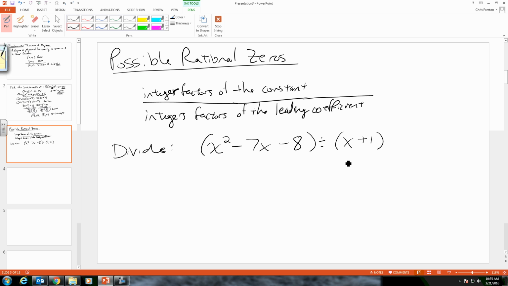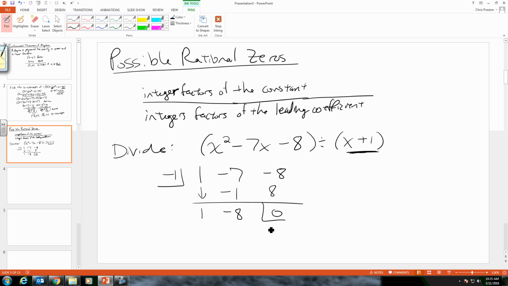One way we can divide that is we can use synthetic division. You ask yourself, what is the 0 of your divisor? And then you list the coefficients of your dividend here. So 1x squared, minus 7x, minus 8. Make sure everybody's in the right order. Bring down the first one. -1 times that is -1. Add, that's -8. -1 times -8, positive 8, is 0.